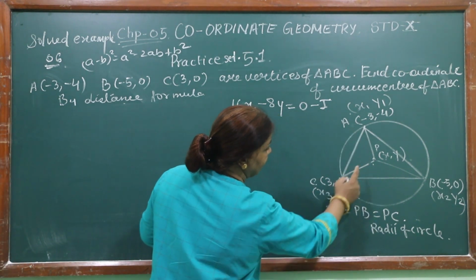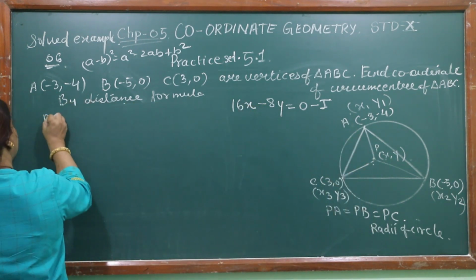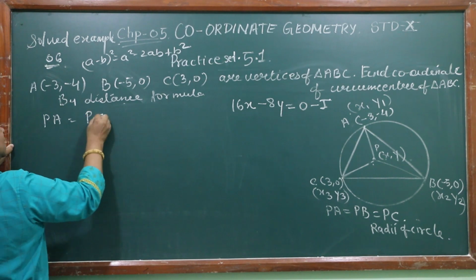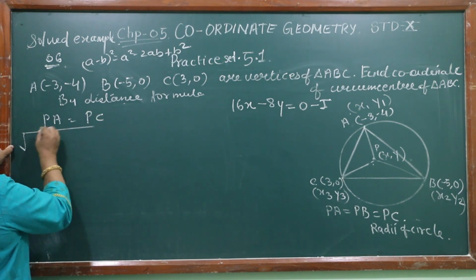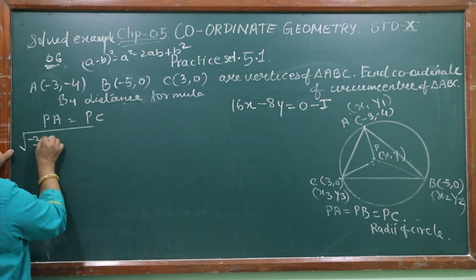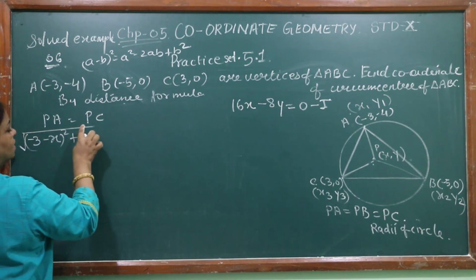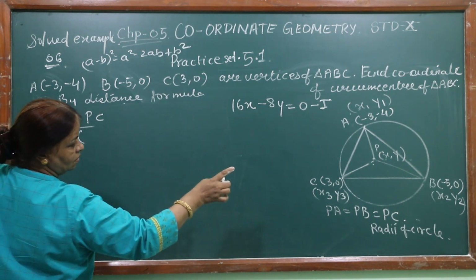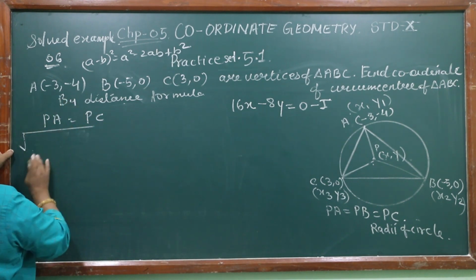Now we will take PA equal to PC by distance formula. So under the root, PA will be minus 3 minus x the whole square plus, let me write the formula first.